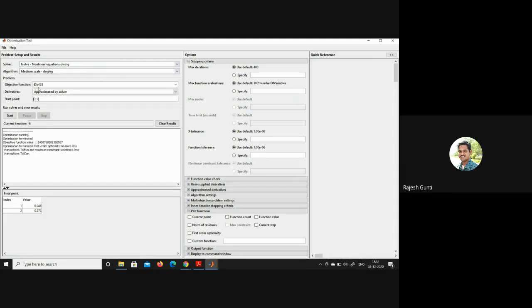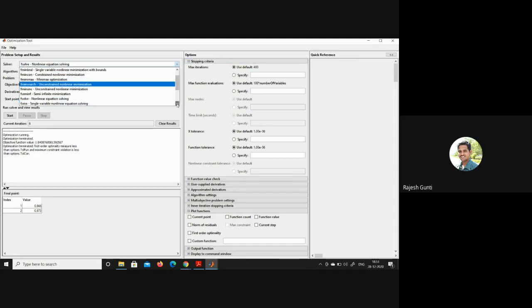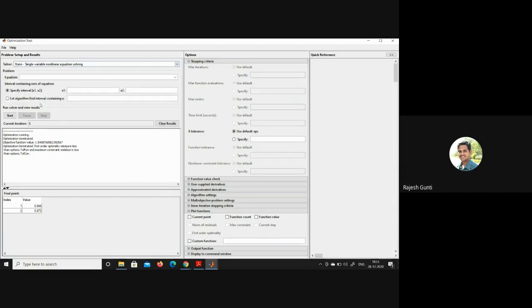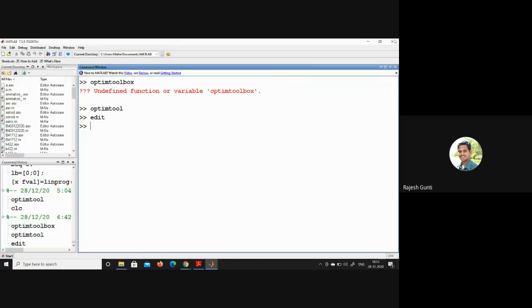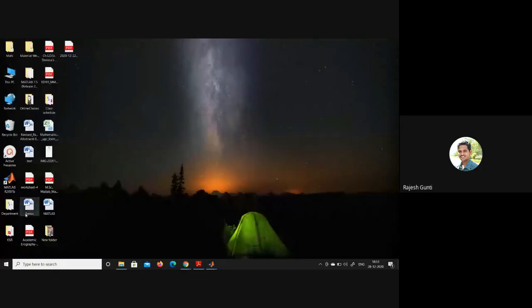There also we created one M file and gave an initial point. Am I correct? Did you remember that one? These are the things for fsolve. fsolve is a non-linear solver. I will open that one. You will get fsolve, fzero also there. fzero is for single variable equations, only entering the equation. I will open this M file and come back. There I didn't open the optimization toolbox. It is not that important.